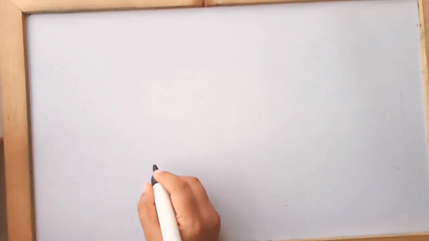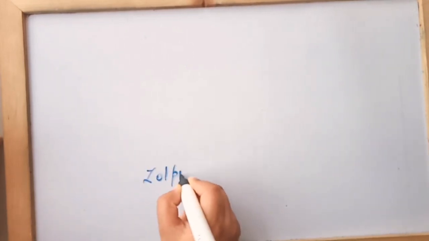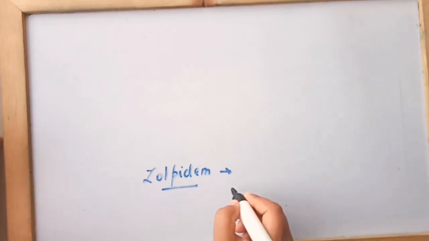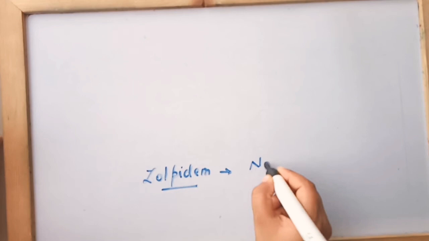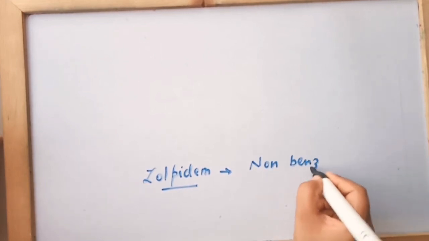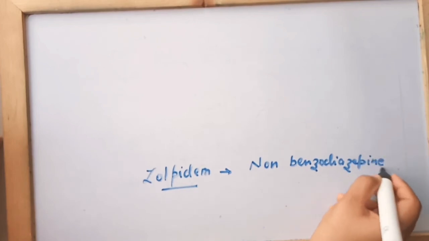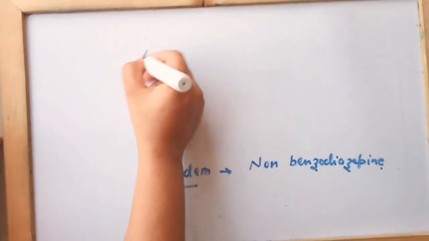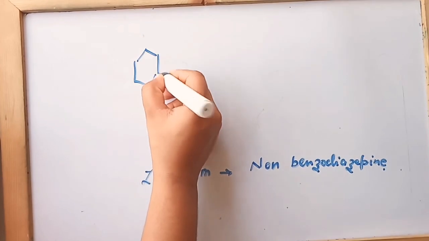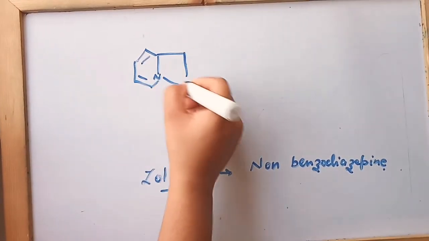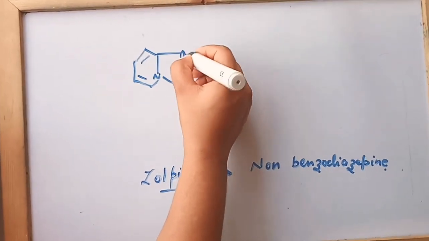Next we are going to draw the structure of zolpidem. Zolpidem works like a benzodiazepine, but the structure is non-benzodiazepine. Let's see the structure. For zolpidem, first we make a pyridine ring, and this ring is attached like this and also forms an imidazole ring.